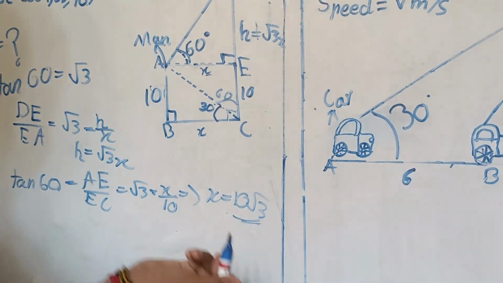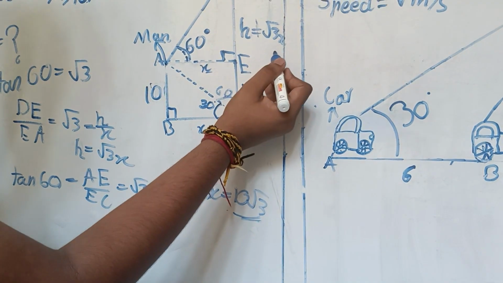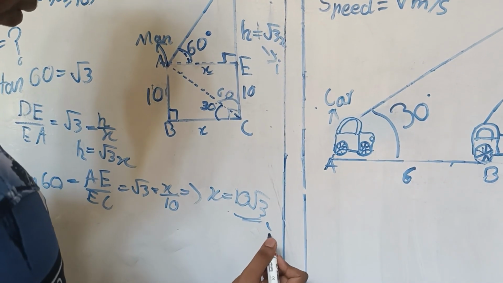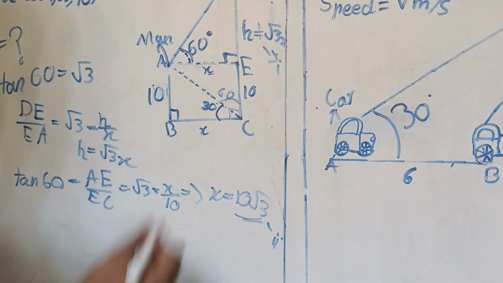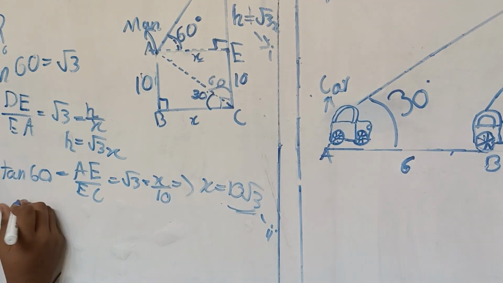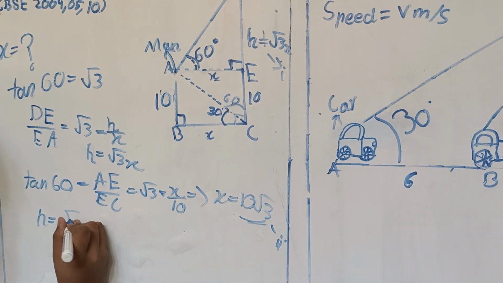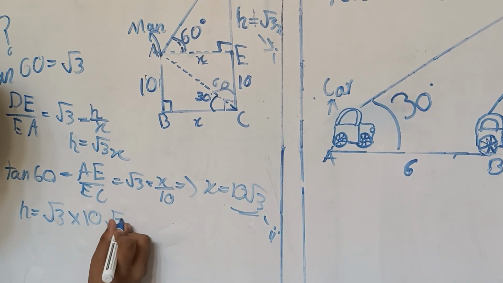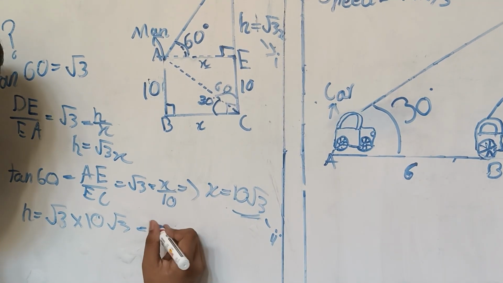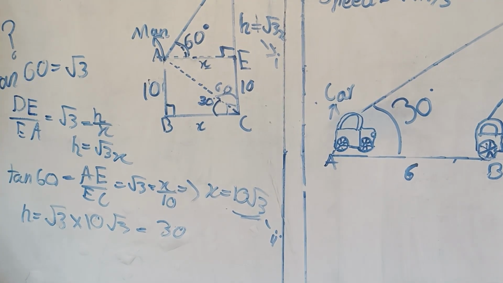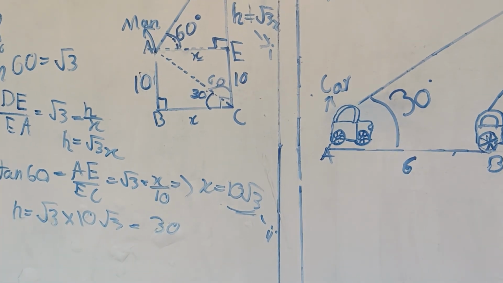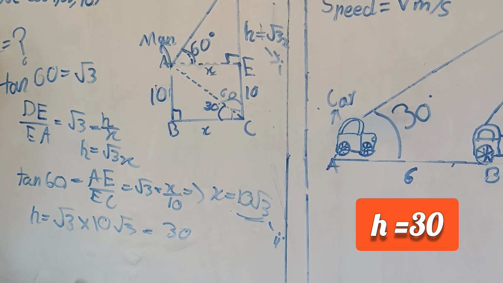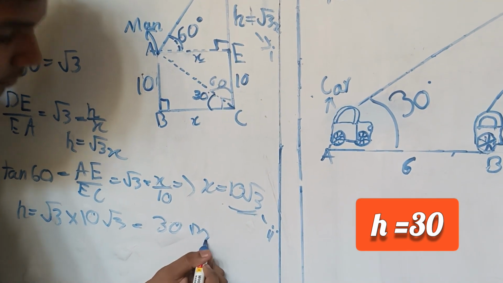Hence we found this. Since this is equation 1 and this is equation 2, we can substitute. So h is equal to root 3 into 10 root 3, which is equal to 30. How? Because root 3 into root 3 is 3, so 3 into 10 is 30. Hence we have got 30 meters.